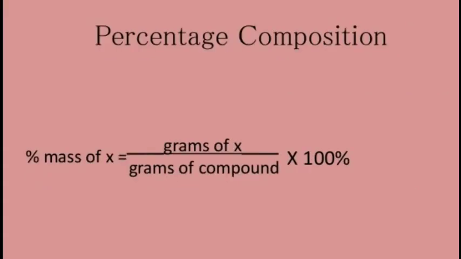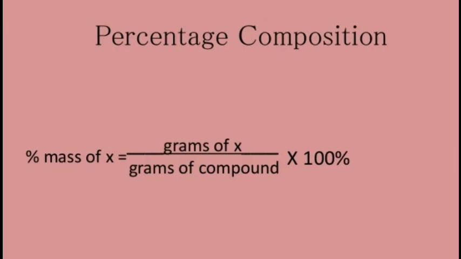Now, percentage composition means the percent of an element present in a compound. When we have to calculate what percent of each element is present in a particular compound, the formula we use is: given mass of that particular element divided by mass of compound into 100.